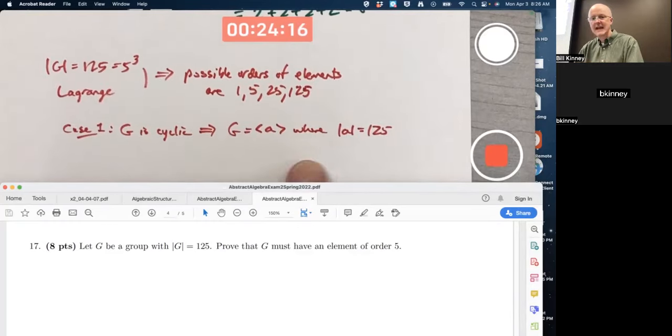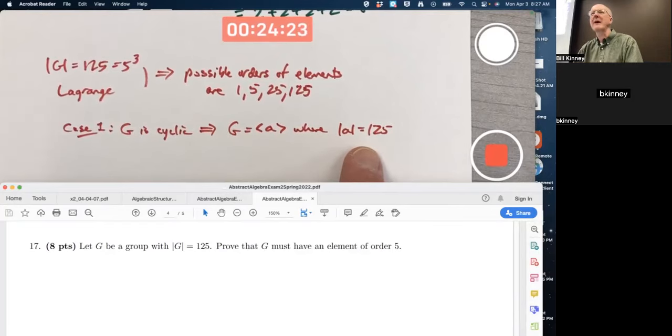So you wouldn't even need to say this. You could. If A has order 125, what power of A would have order 5? A to the 25th power. Done. There's an element of order 5.